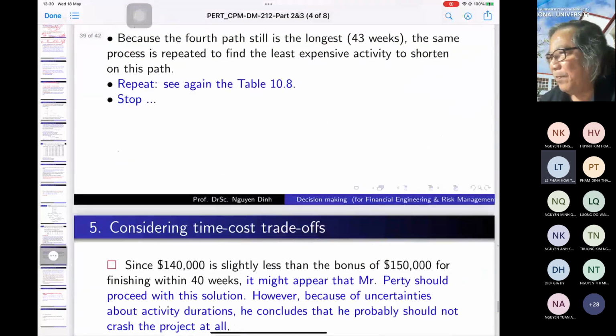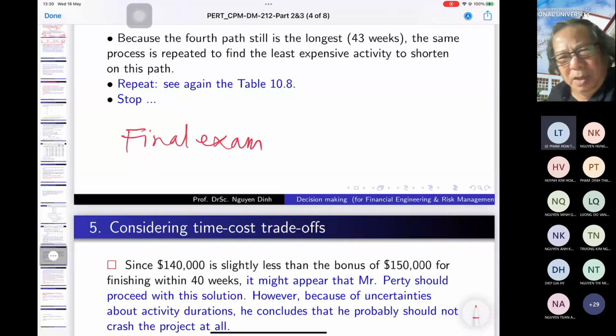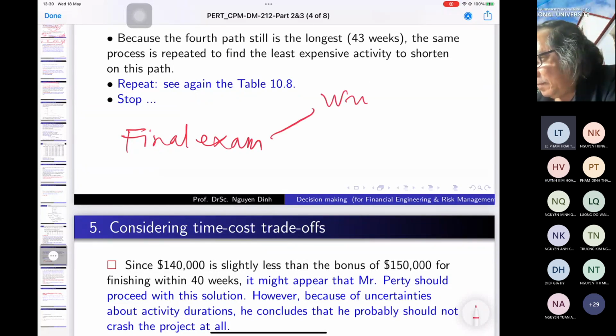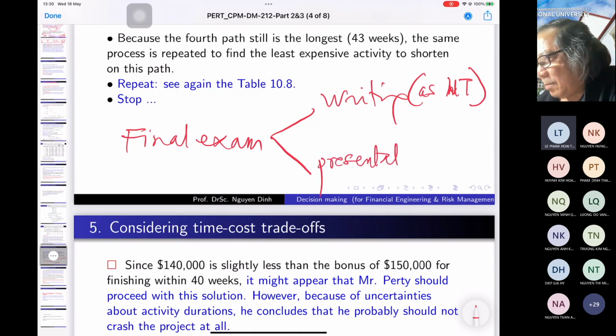What does it mean? The final exam includes two parts. The first part is writing, the same as the midterm test. The second is presentation.